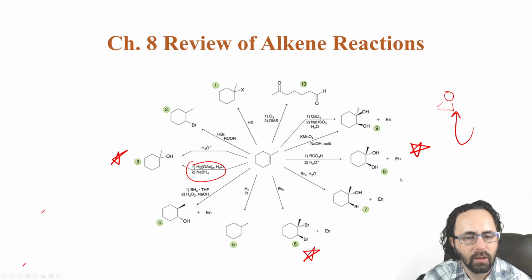Using that strategy helps you to not only memorize these reactions' results without context, but to understand the way that they happen so that they stick in your memory better.